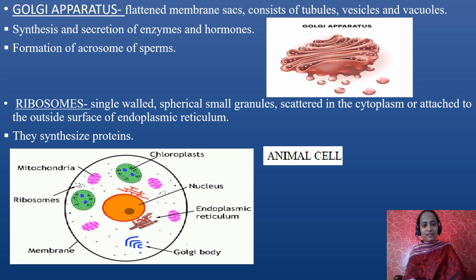This is the nucleus, endoplasmic reticulum, Golgi body, plasma membrane, ribosomes. Within the nucleus, you can see the nucleolus. If you see the shape suddenly, you can feel like it is an animal cell. But due to the presence of chloroplast, you can conclude it is a plant cell. So generally, we can say that it is a eukaryotic cell.